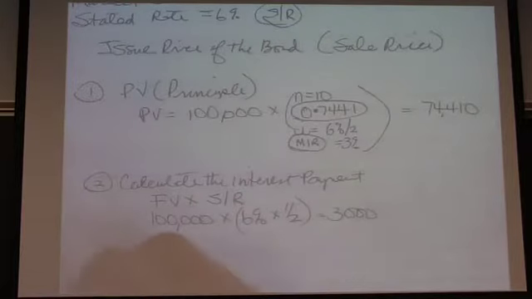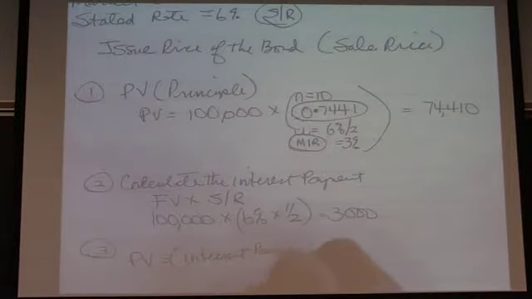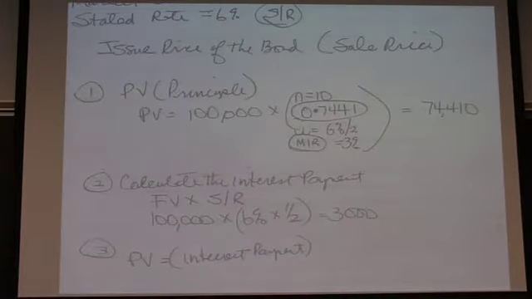Step 3 is we're going to present value the interest payment. And because these 3,000 is what we call an annuity, meaning the payment is the same each period, and the timing of the payments is the same for each of these series of 10 payments, in this case, we can actually use table 2.